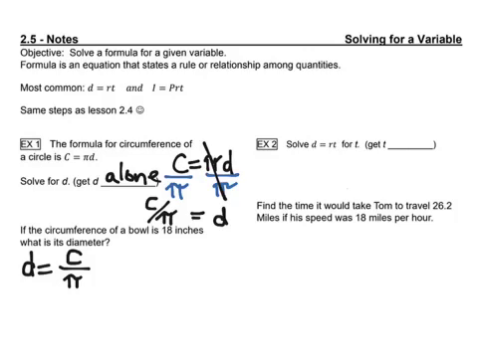In other words, d, which we're looking for, equals circumference, which is 18, divided by pi. And so you'll put that into your calculator, and we have 18 divided by pi.